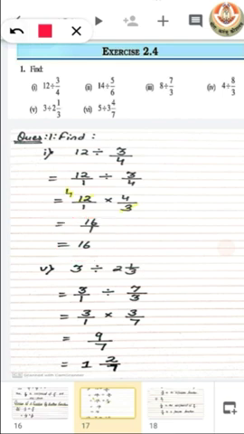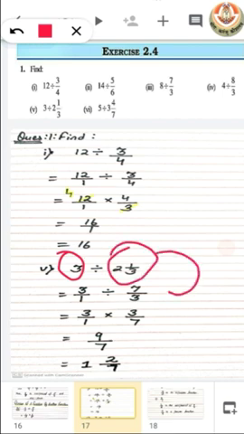And when we have to divide a whole number by a mixed fraction, first we have to convert the mixed fraction into an improper fraction, and then we replace the sign of division with multiplication and convert the improper fraction into its reciprocal form.